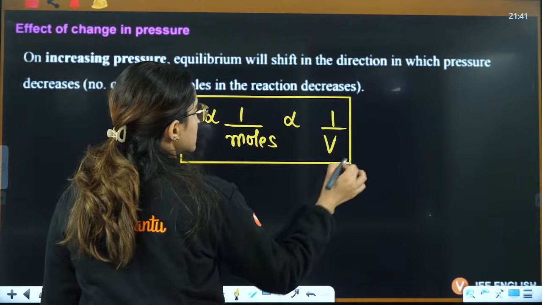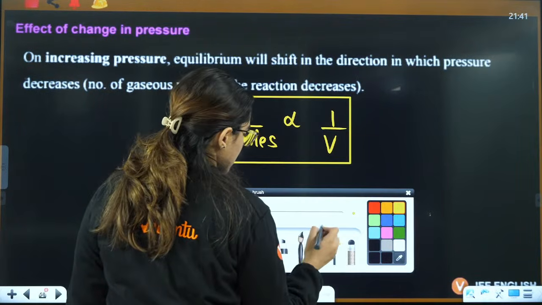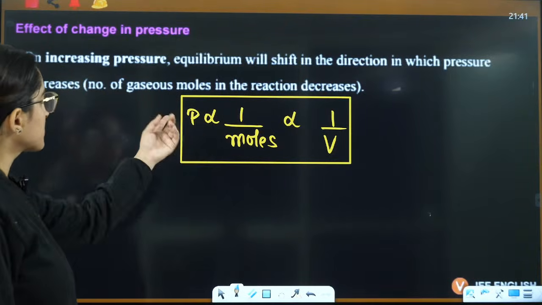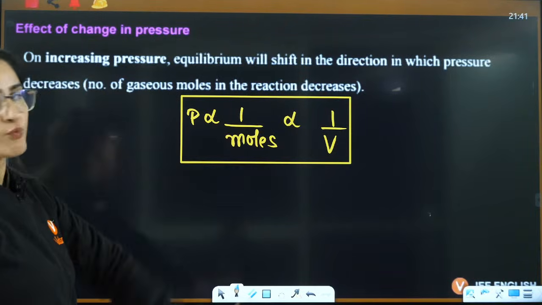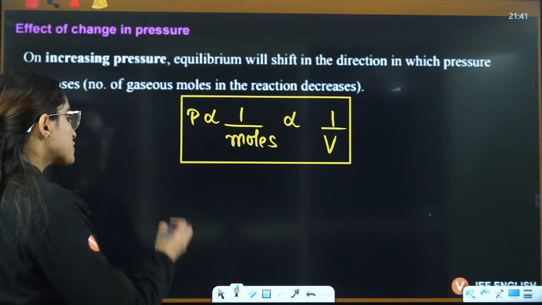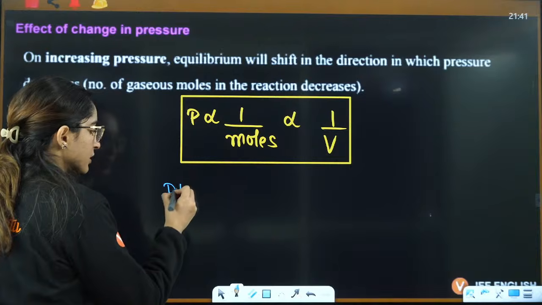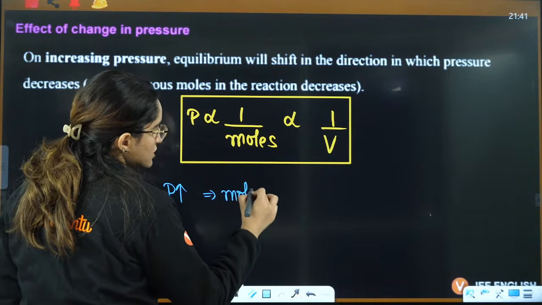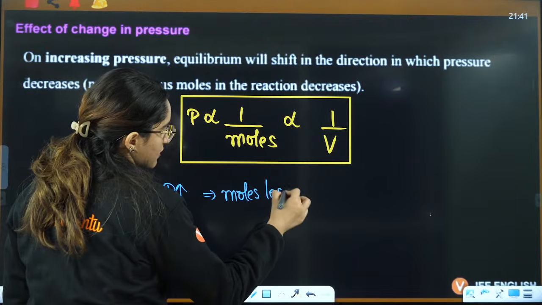As you increase the pressure, it will move in that direction where the number of moles is less.